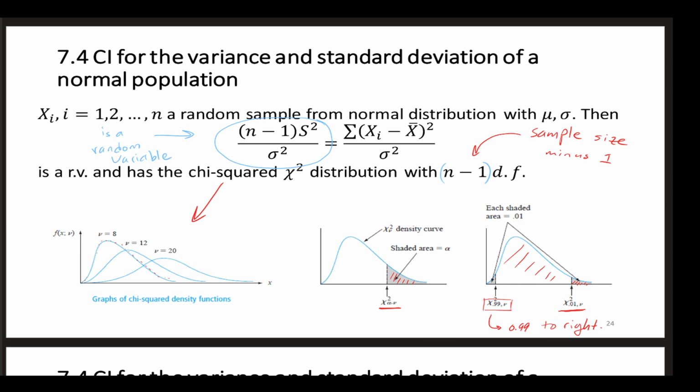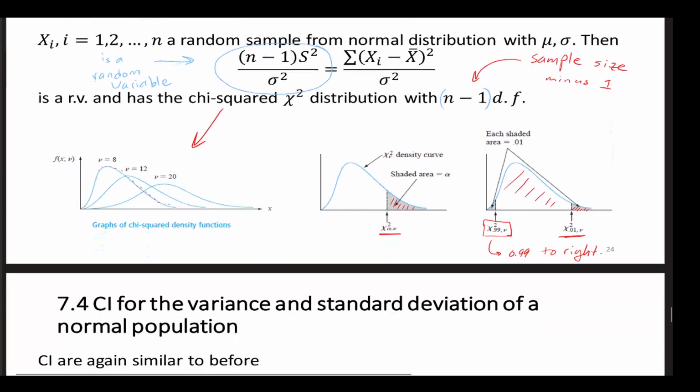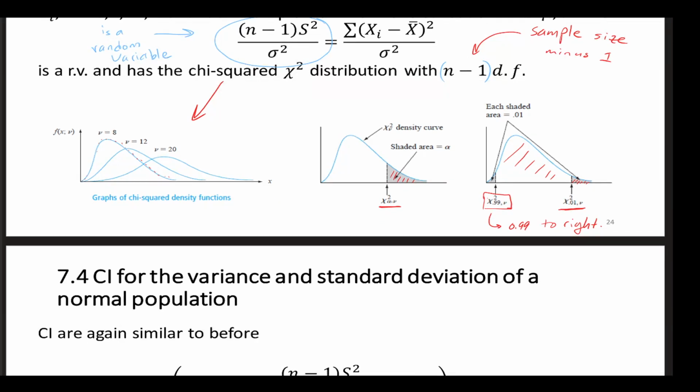This 0.99 critical value is not going to be the negative of the 0.01 critical value. So that's important to keep in mind. If we need both of them, we have to look them up separately in the table. We will always need these two critical values, since this distribution is non-symmetric.